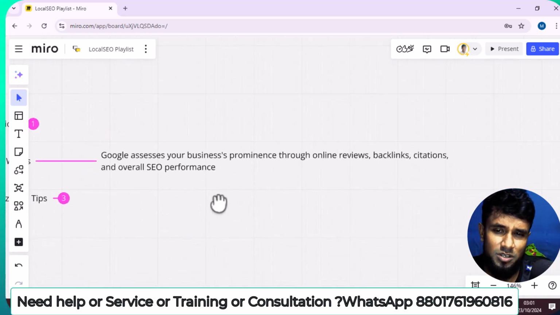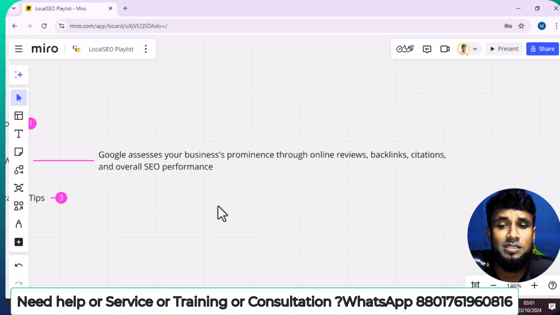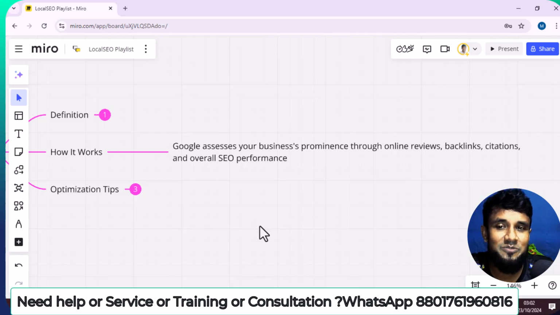So how does it work? Google assesses your business prominence through online reviews, backlinks, citations, and overall SEO performance. Mainly your backlink authority, citations, and reviews are the main factors and best practice for prominence.